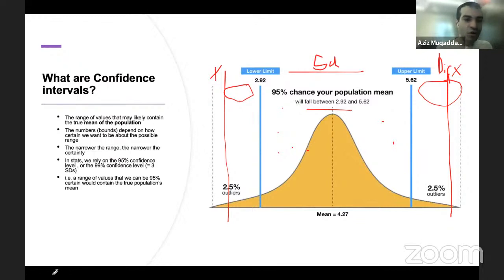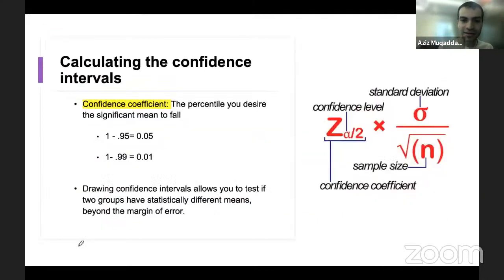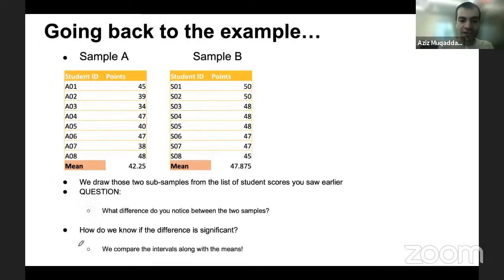And by the way, 95 and 99 depend on the choice of the researchers and the reviewers. 99 is just more rigid than 95, to make sure that, yes, this group is statistically different from the population, right?